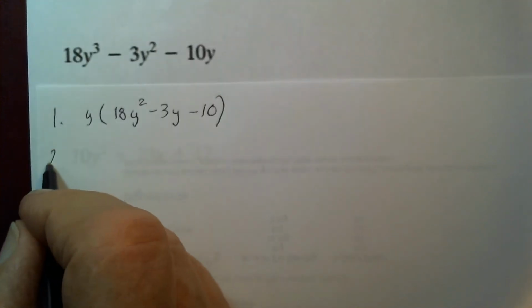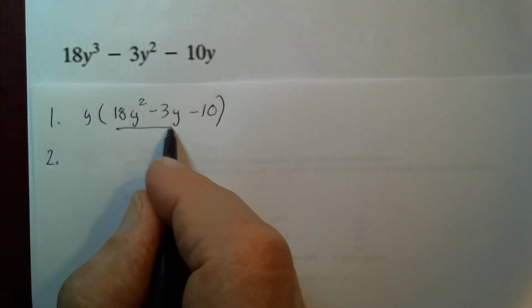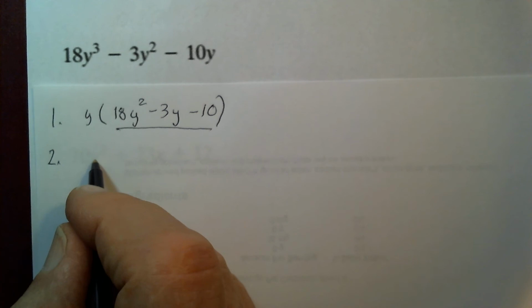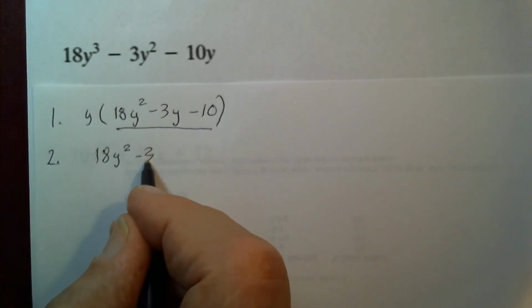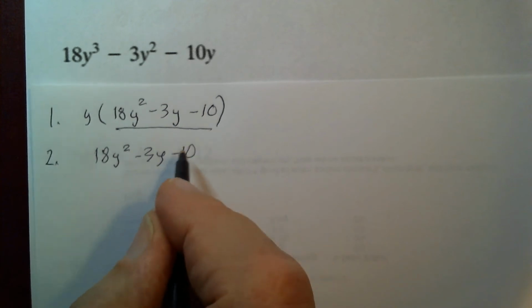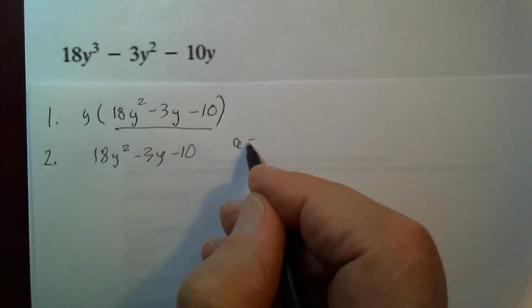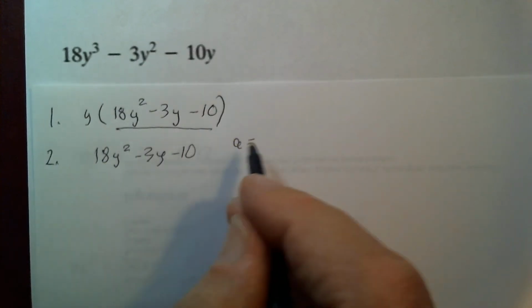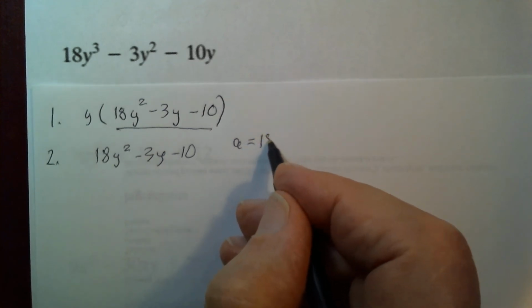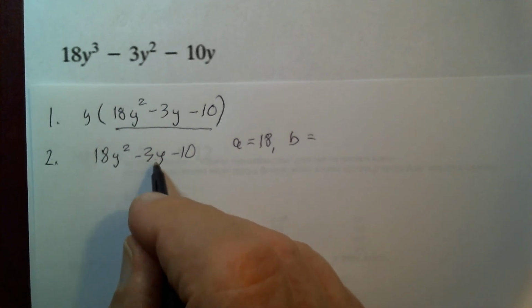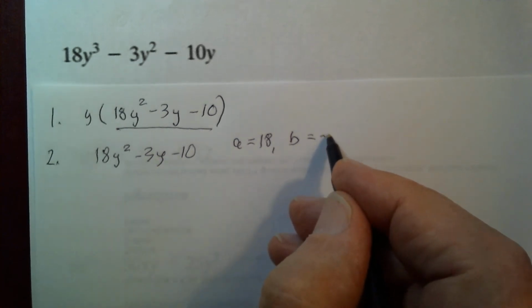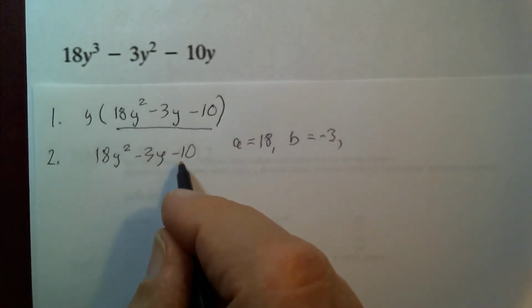So now we're going to focus on the trinomial 18y squared minus 3y minus 10, and we identify a as 18, b is equal to negative 3, the coefficient of y, and c is equal to minus 10.